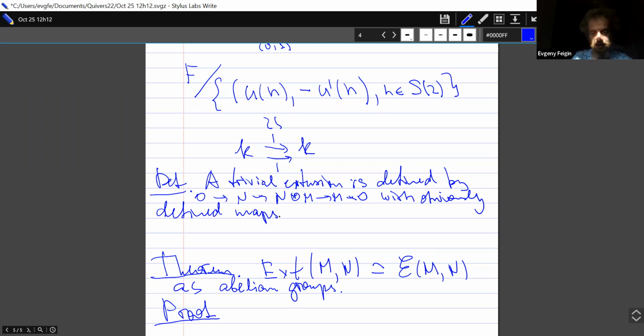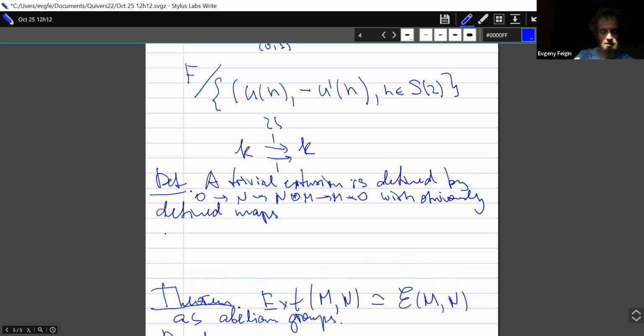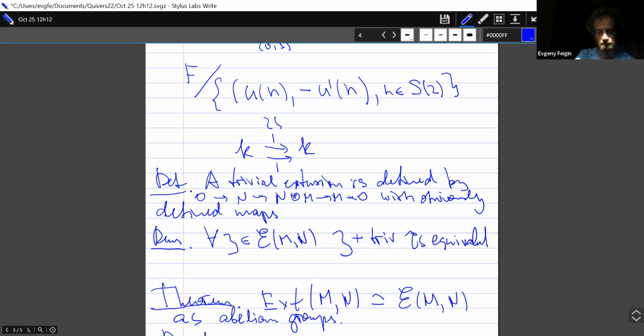And then, as a remark, for any psi in E(M,N), psi plus the trivial extension is equivalent to psi.